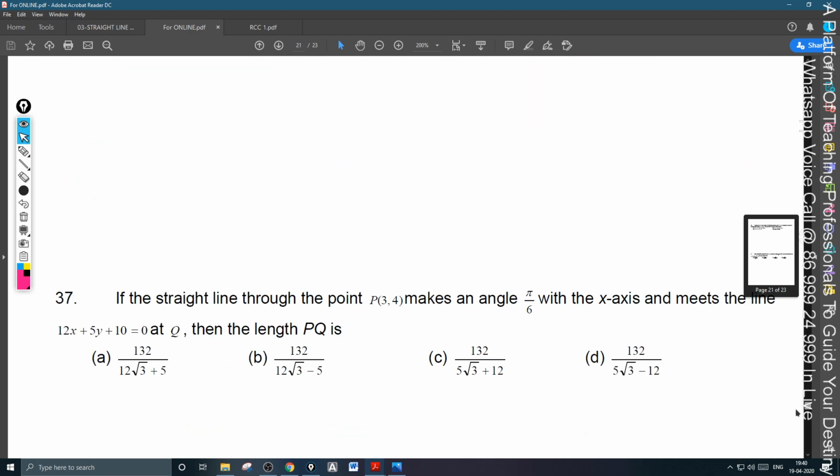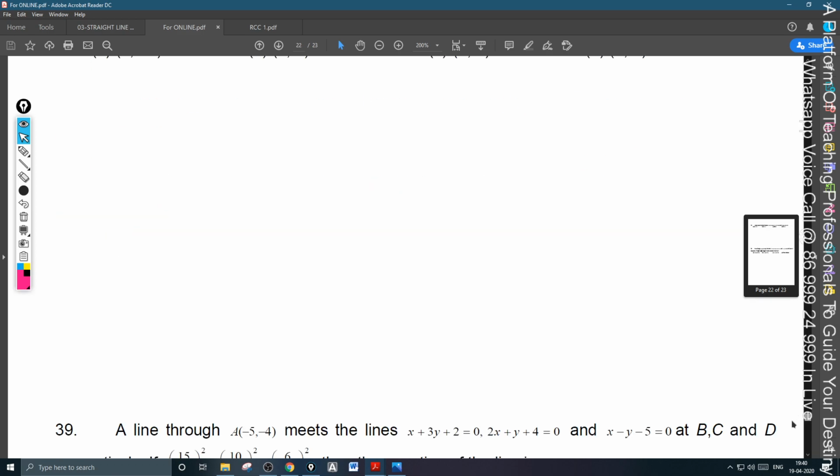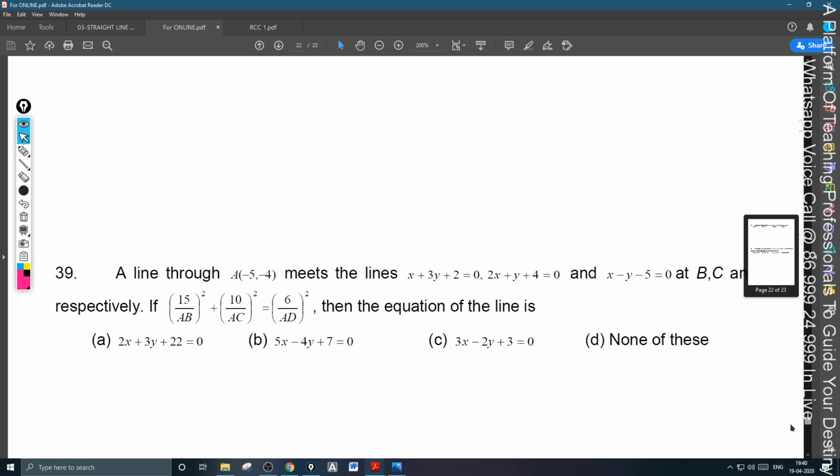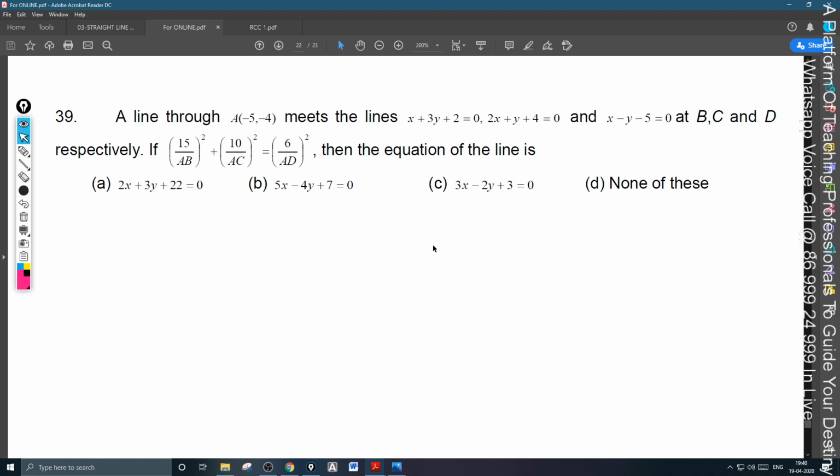I think it is not a JEE Main level question, but surely it should be an advanced question in single correct answer. Let us do that.